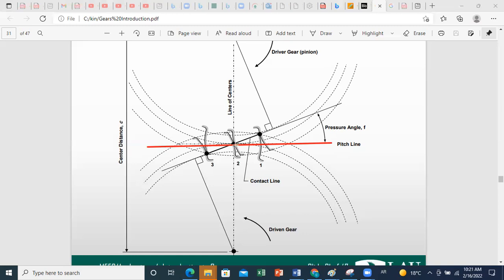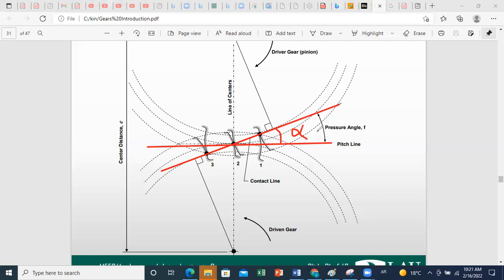This line is the contact line. It is common and will pass through the different points of contact, and it makes an angle alpha with the tangent line to the pitch circle, which is called the pressure angle.